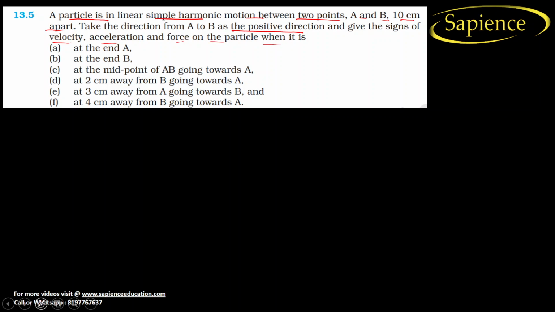Okay. Let us consider this is the particle and it is moving to and fro, and this is your A and this is B. Take this direction as positive, this direction as negative.